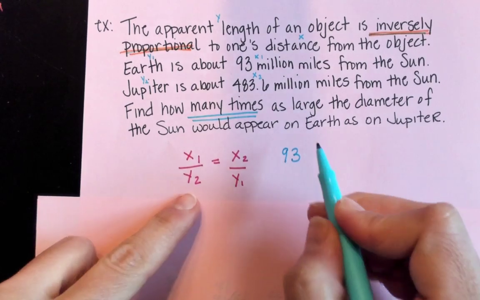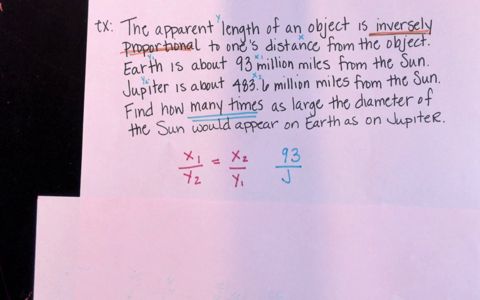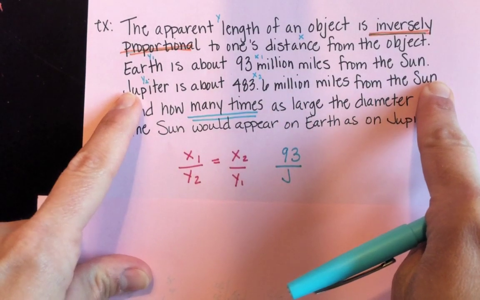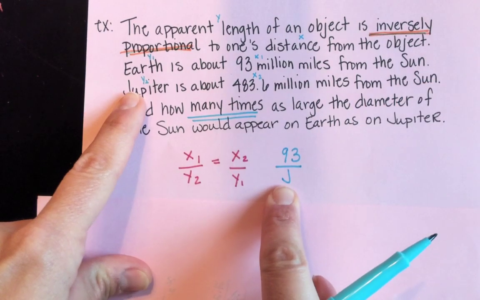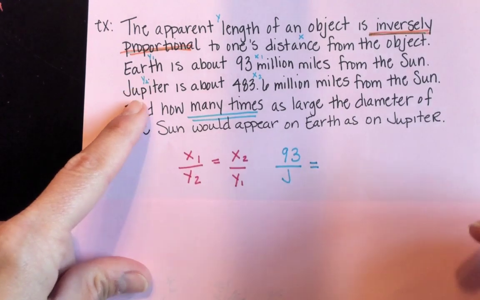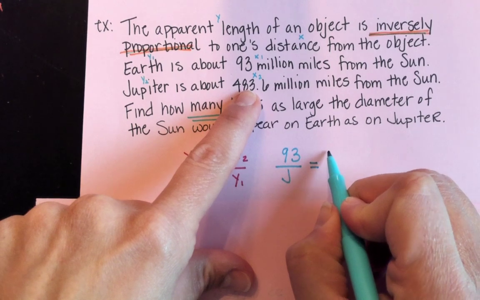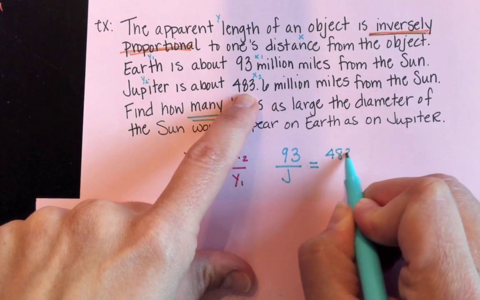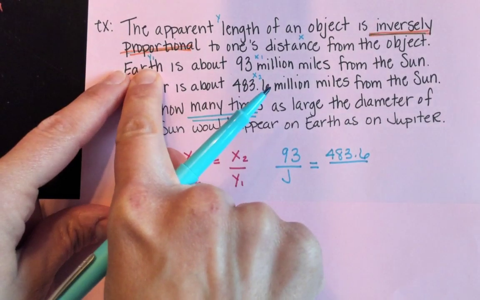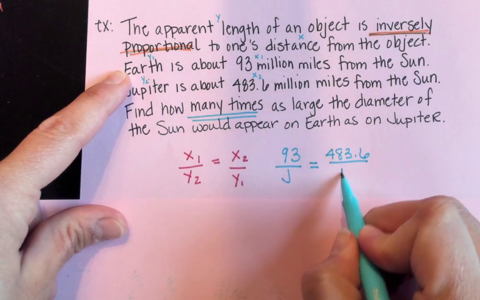Our y2 was this Jupiter, that I don't know what the sun's diameter is going to look like from Jupiter, so I have that still as my variable. My x2 is the actual distance from the object if I'm on Jupiter, so 483.6 million. But again, my y1 is, I don't know from Earth what the diameter of the sun is. So I'm going to keep this still as E.